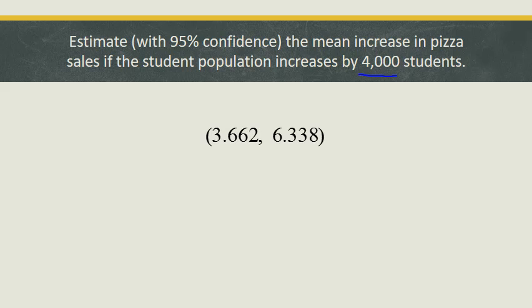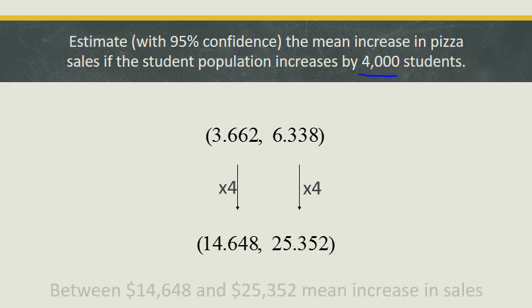In order to adjust this for a change of 4 in x, we just need to multiply the interval by 4. So we are 95% confident that an increase of 4,000 students will increase the mean pizza sales by between 14,648 and 25,352. Just remember that the line represents mean pizza sales, not individual restaurants.